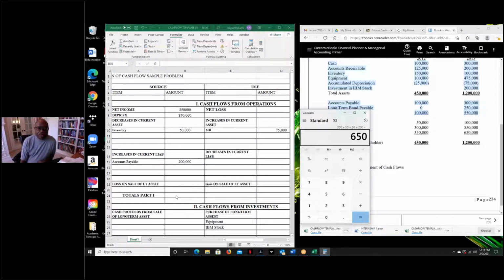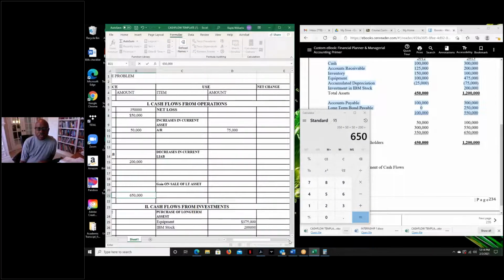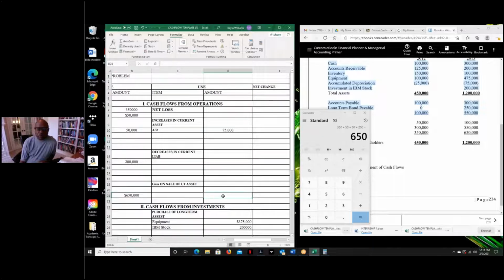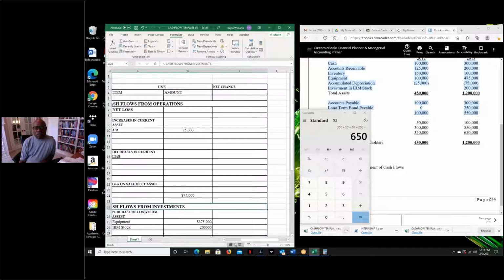$650,000. Okay, put that down. Then do the same thing on this side. Should be 75,000. So then you do the net change, right?